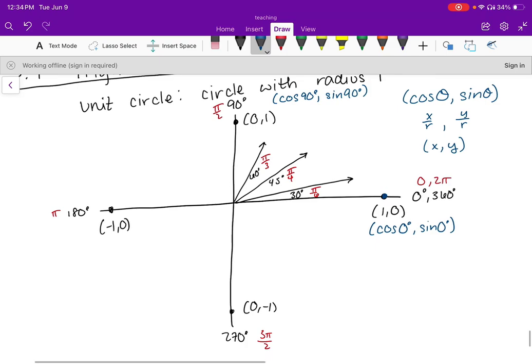So at 30 degrees, I would have the point (cosine of 30 degrees, sine of 30 degrees). Now cosine of 30 degrees is square root 3 over 2. Sine of 30 degrees is 1 over 2.